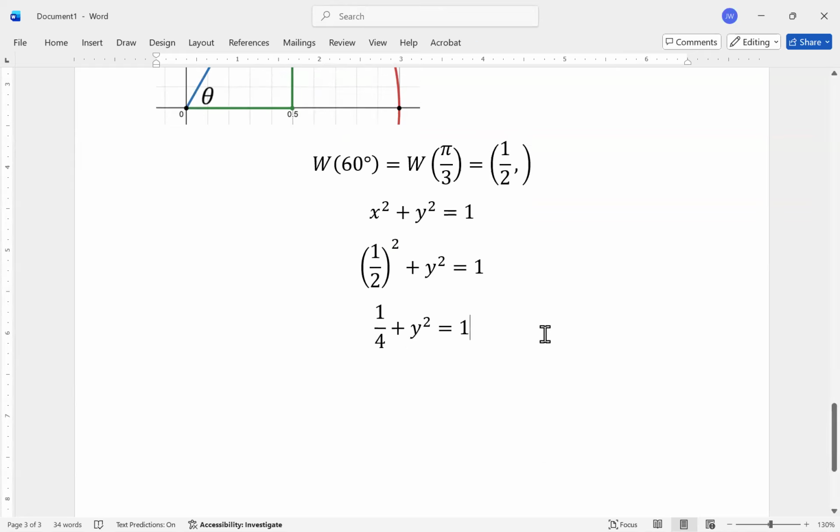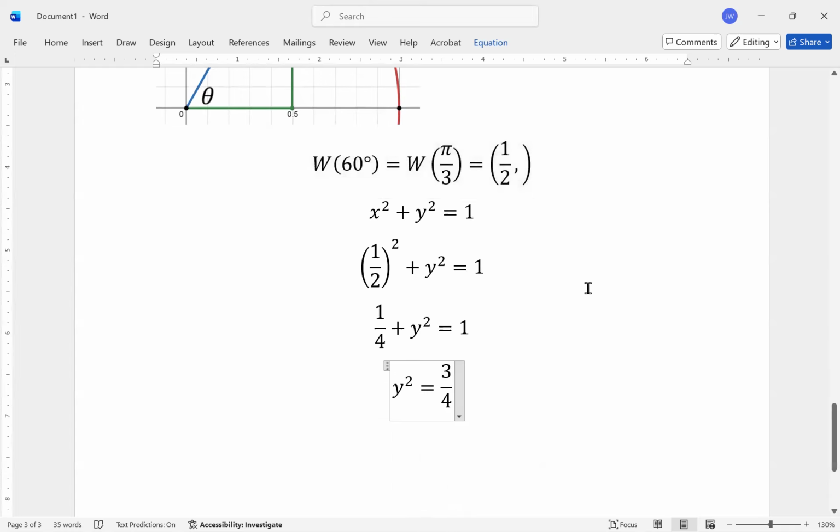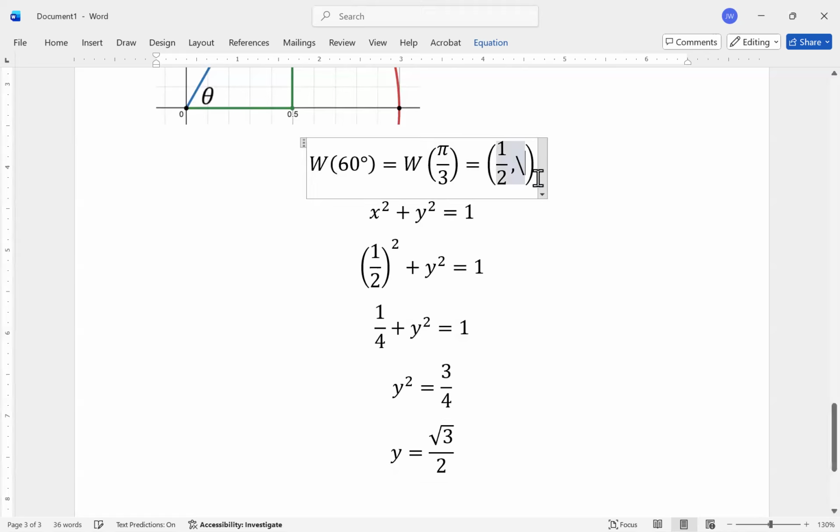Subtract 1/4 from both sides, and we get y squared is equal to 3/4. Since the y value in the Cartesian coordinate plane is moving up, we know the y value is positive, so we can take the positive square root of both sides and find that the y value is equal to the square root of 3 divided by the square root of 4, which is 2. So the y value is root 3 over 2.